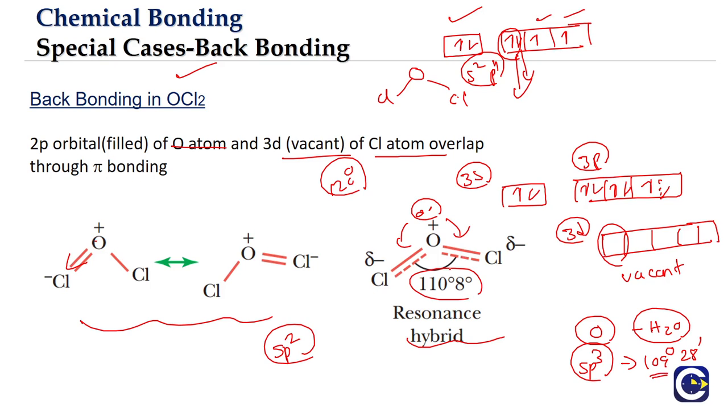Why? Because this bond angle is coming primarily from sp2 hybridization. sp2 means it will be 120. But why is it decreasing from 120? Because lone pair is there, bond pairs are there. Lone pair, bond pair repulsions are stronger. So the bonds will come a little bit closer. That is the reason why the bond angle is getting less than 120. Okay, so this is how we can explain the back bonding in the case of OCl2.